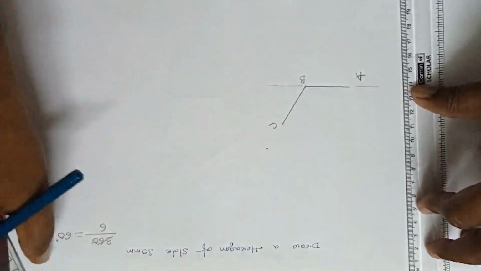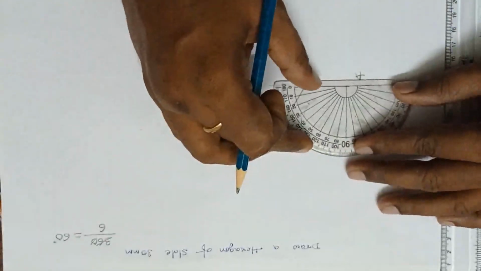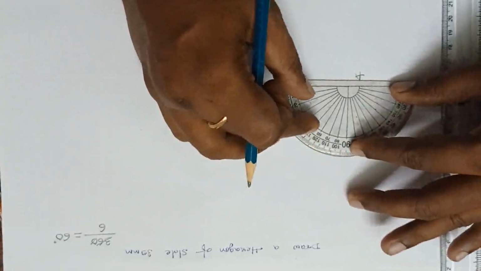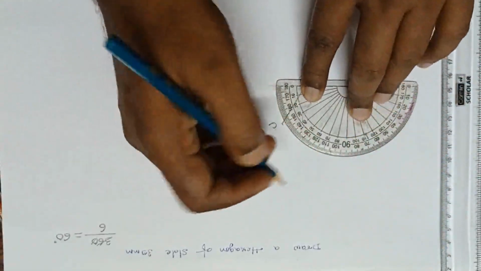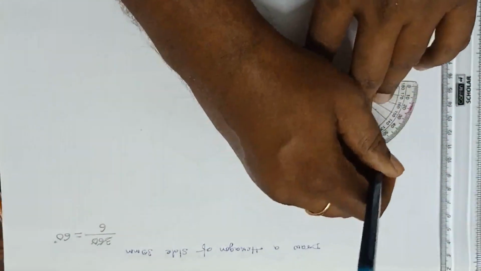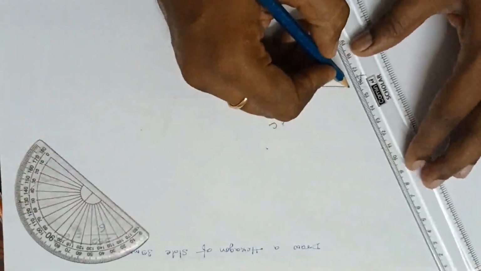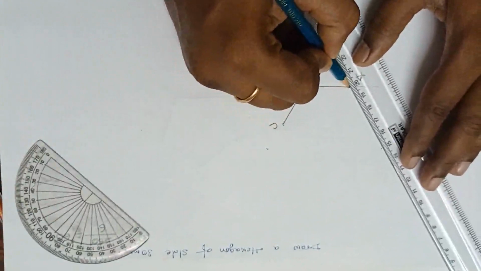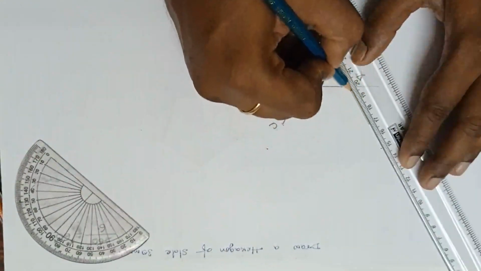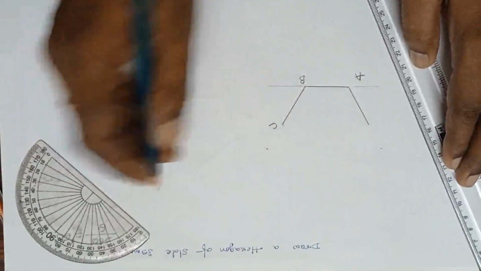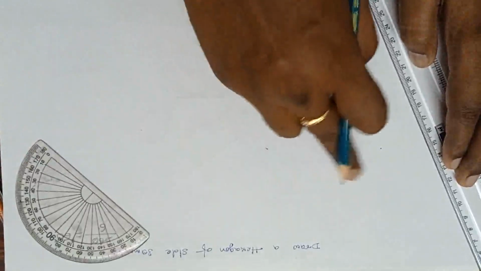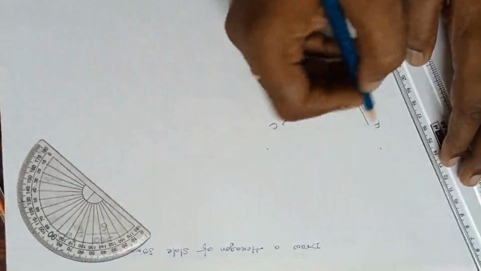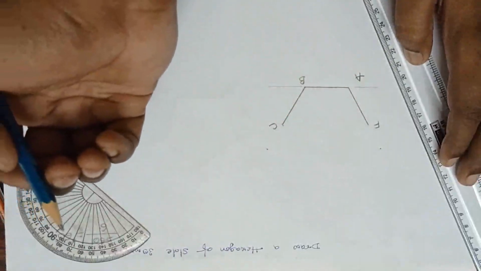Here also 60 degrees. I'll mark 60 degrees. So here the length is how much? 30 mm again. Done. This is A, B, C, D, E, F. Here it is 60 degrees.